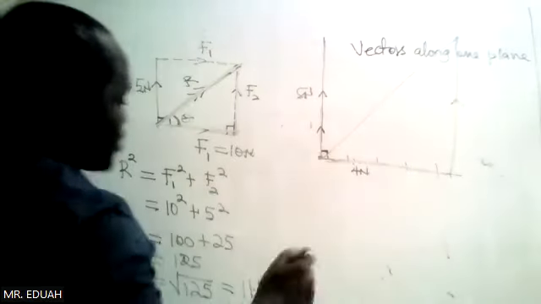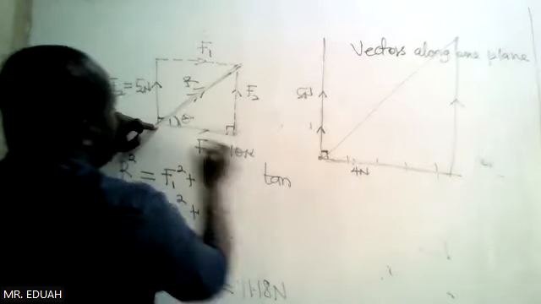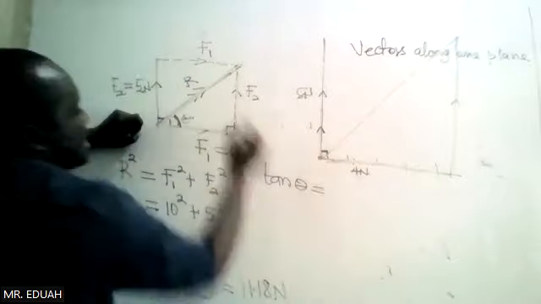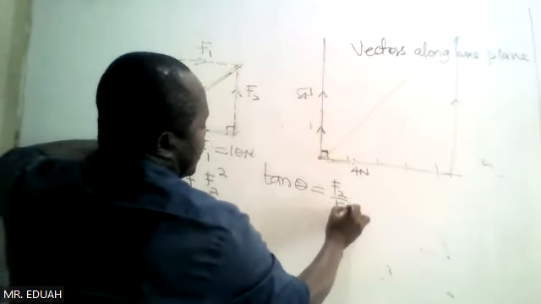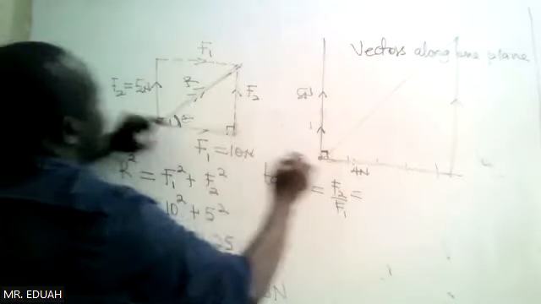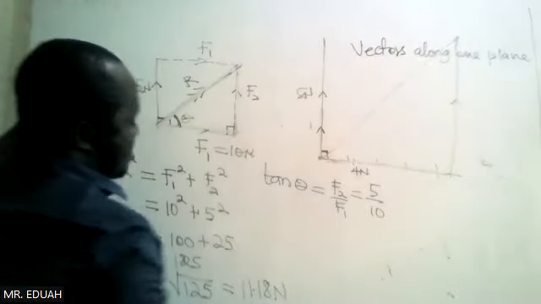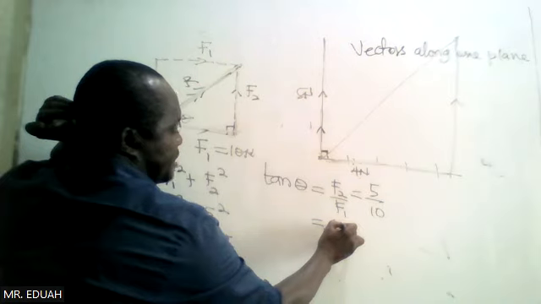Okay, so let's see. So when I use tangent, tan of this angle theta, tangent is equal to F2 on F1. And so I have 5 Newton on 10 Newton. This is equal to 0.5.